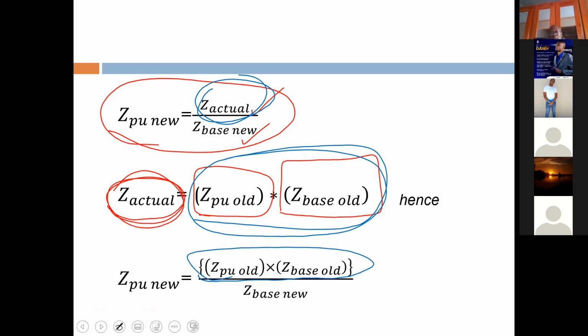So it means therefore that the Z per unit new, students, we can write it a bit better than that so that it helps us to remember. So this would be equal to Z old times Z base old over Z base new.